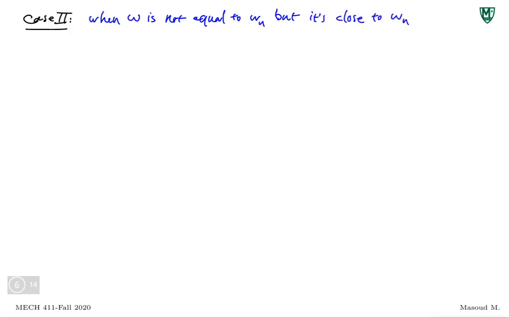So case two happens when omega is not equal to omega n, but it's close to omega n.